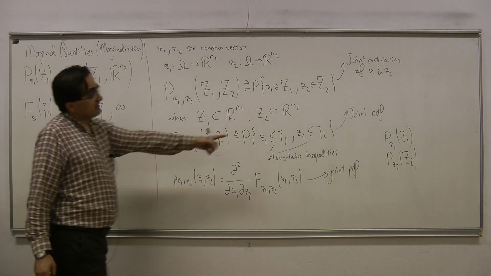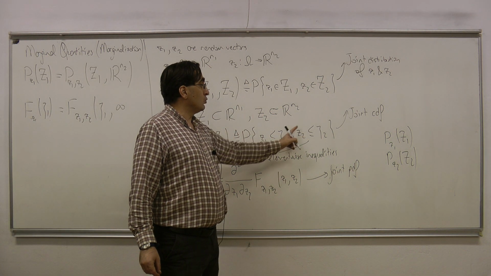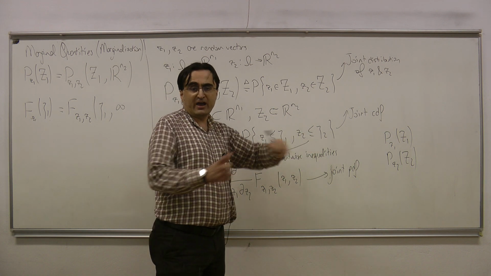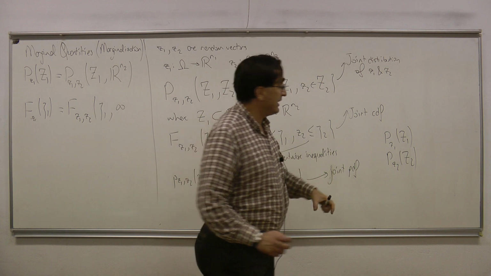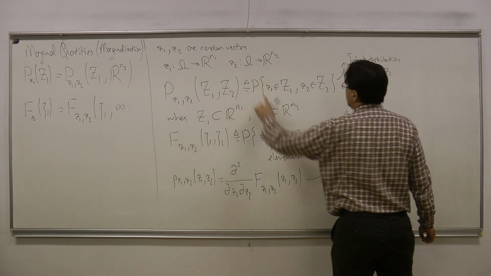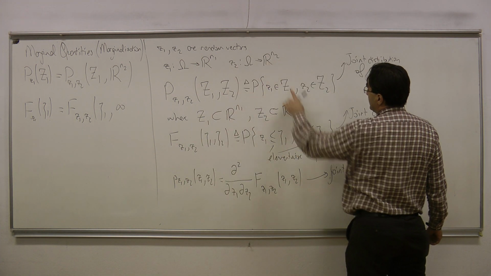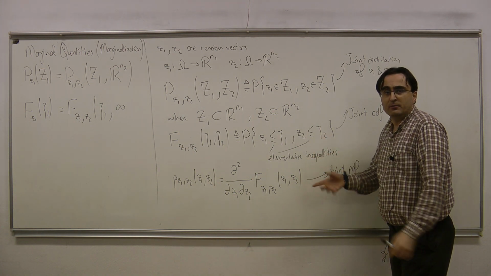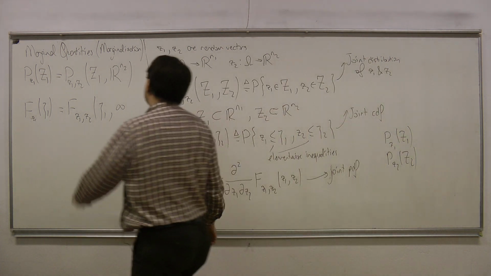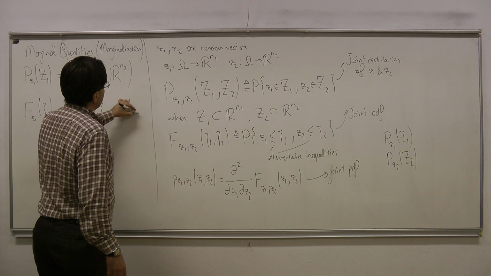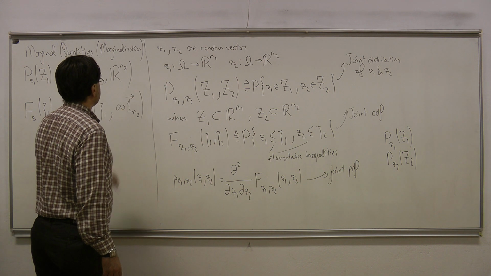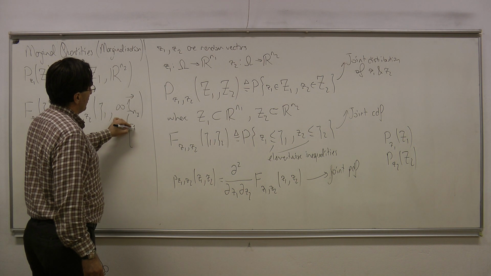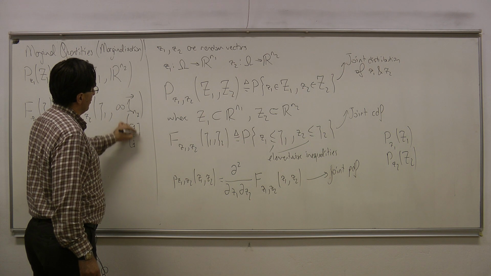So here I substitute infinity. But this is an element-wise inequality, and I want all of the elements, so psi 2 is a vector with as many elements as Z2. And Z2 has n2 elements, therefore psi 2 has n2 elements. And I want to make all of its elements infinity. So that means that I need to put here a vector of ones with size n2. They're all ones.